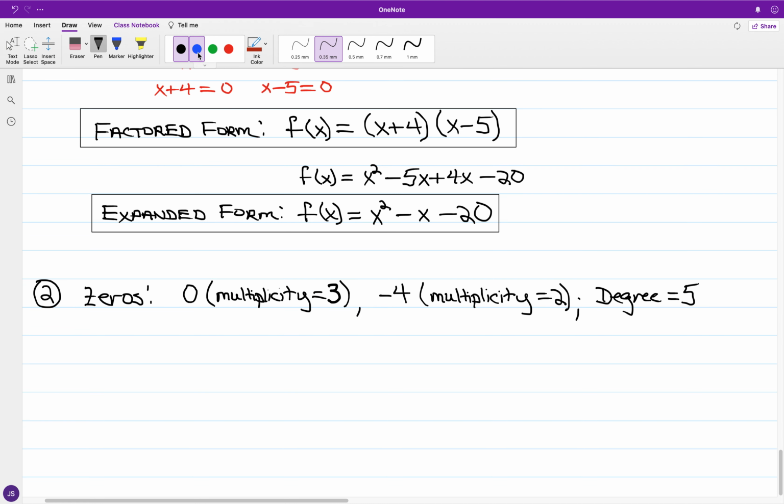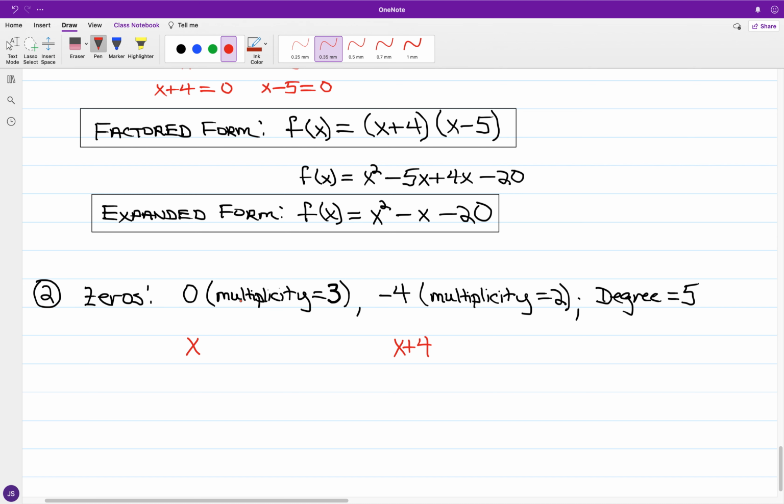Now corresponding to our zeros, you have 0 and negative 4. For 0, this stems from having set x equal to 0, so we have the factor x, and for negative 4 we would have x plus 4.